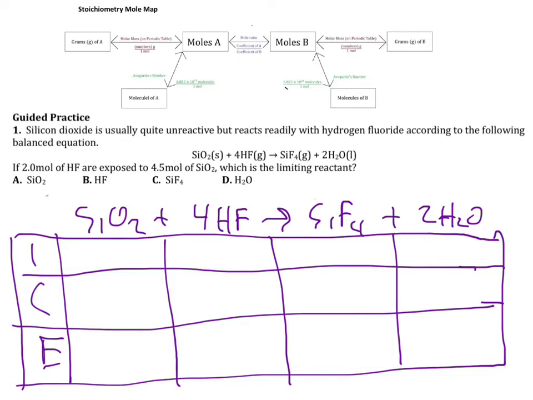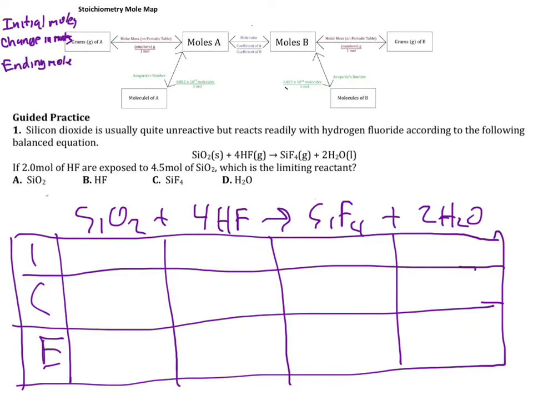And what we're going to do is use what are called ICE tables. What ICE stands for: the I stands for your initial moles, the C stands for your change in moles, and the E stands for your ending moles.